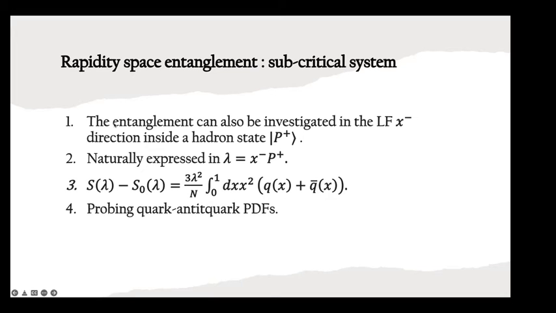Of course, since we know that light-front quantization is naturally also expressed in the light-front spatial direction, which we call the x minus direction, we can actually investigate the entanglement by integrating out segments in x minus and its exterior.